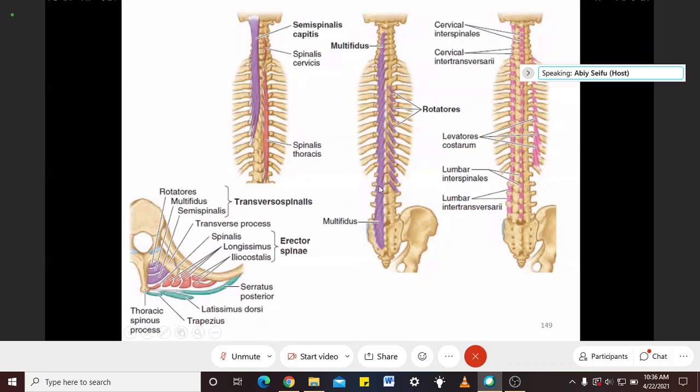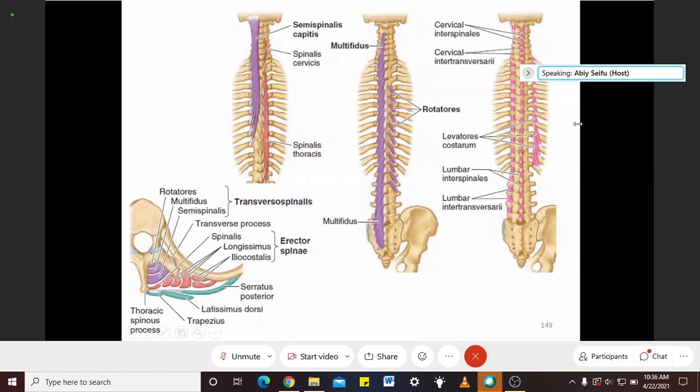The deeper ones are the rotators, which run from the transverse process to the spinous process. As the name tells, it shows the action of the muscle. They serve in rotation, and are majorly found in the thoracic regions and some superior parts of the lumbar regions, because rotation mainly occurs in the thoracic vertebrae.